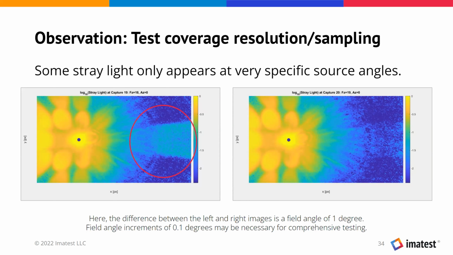This perhaps isn't the best example of this, but it's very often the case that stray light artifacts only appear at very specific positions. So for very comprehensive testing, you might need to do even smaller increments than 1 degree, depending on the field of view of your camera. In some cases, field angle increments of maybe 1/10 of a degree might be necessary if you're trying to catch everything.